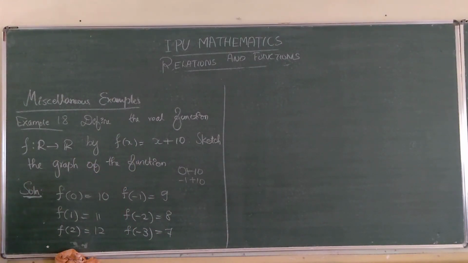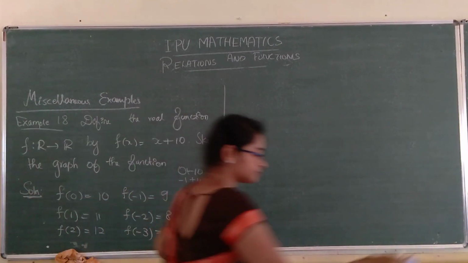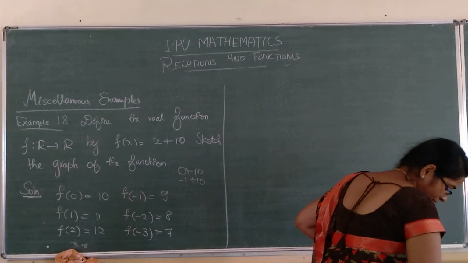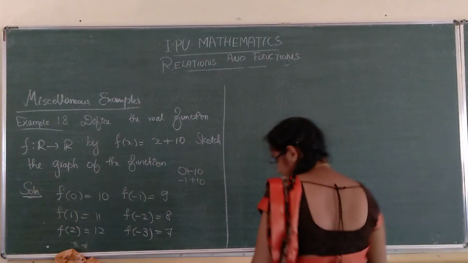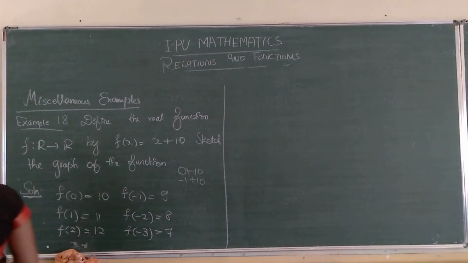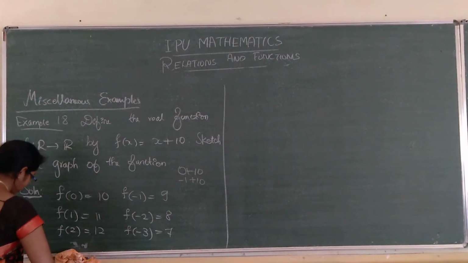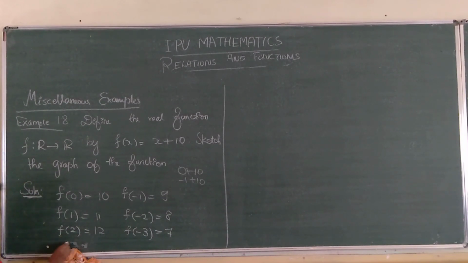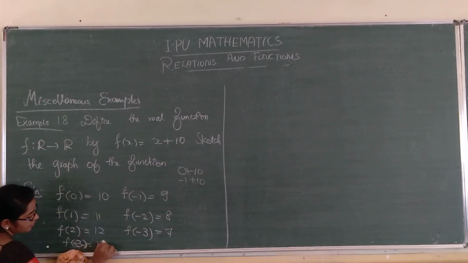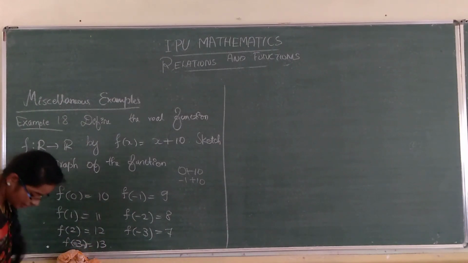And f of 3 is 3 plus 10, that is 13, right? These are the values.